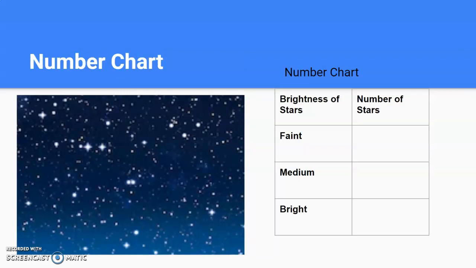The brightness of stars are labeled faint, medium, and bright, and the number of stars is where you're going to input your answers. Go through your star chart, find 50 stars, and label them, whether they're faint, medium, or bright. I'll give you more time to do this at the end. We're going to move along.